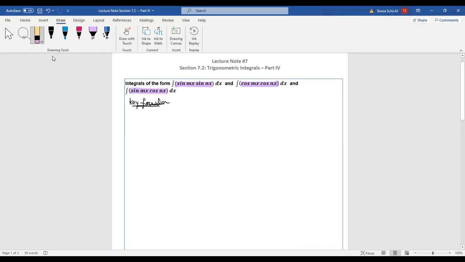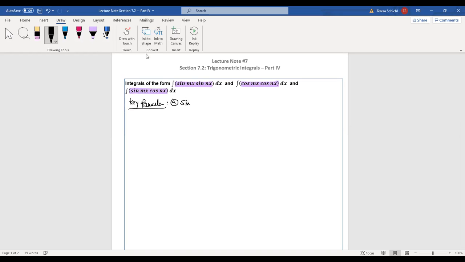So the first one's here. Let me write a little better. Okay, the key formula, the first one: how about if I have a sine and cosine combination?